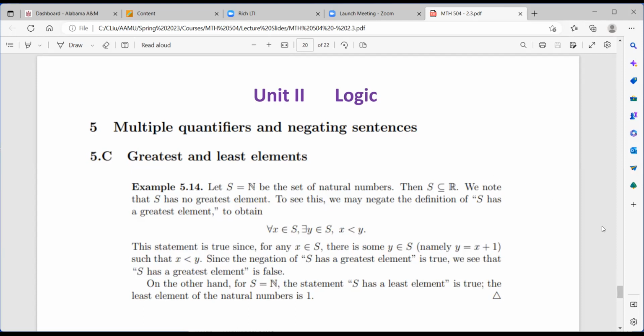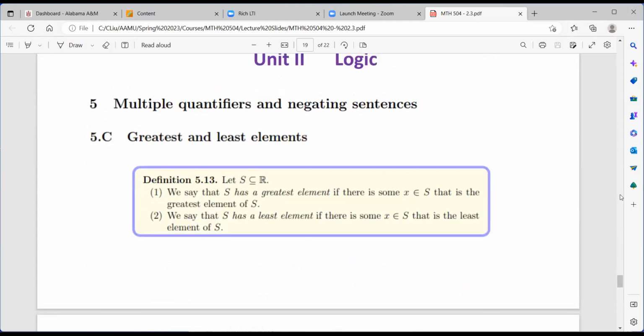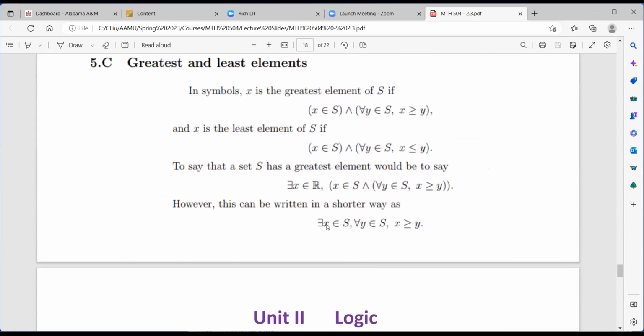So what you do, you're going to change the universal and existential quantifiers. So this is the definition that S has a greatest element. So when we negate it, we're going to change the existential quantifier to universal quantifier.